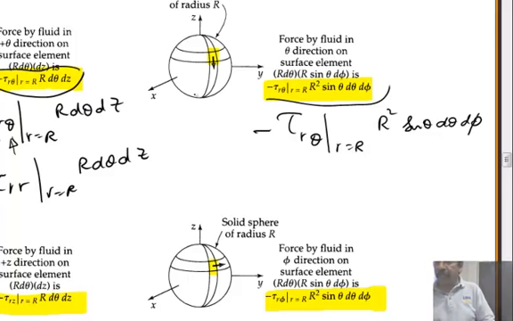The surface area of that element that you see there has to be figured out from geometry. And these are all listed in the appendix by Happel and Brenner. So that surface area is r square sine theta d phi. So d theta is in one direction. This is d theta. And that is d phi in spherical coordinates.